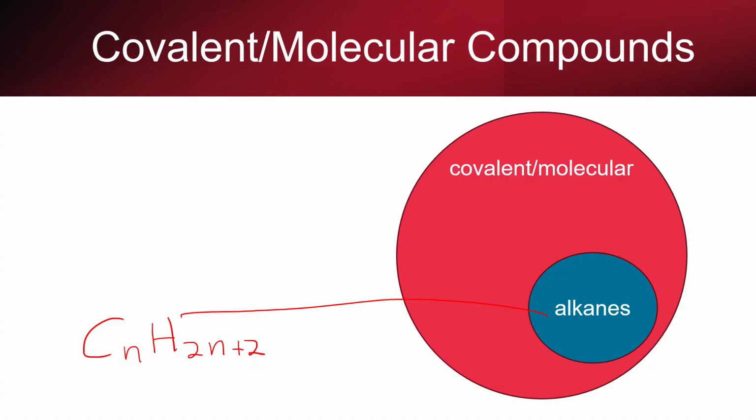Carbon and hydrogen are both nonmetals, and the family of covalent or molecular compounds are composed of nonmetals plus nonmetals, but when we go to do nomenclature on alkanes, don't use the covalent rules, use the alkane rules.